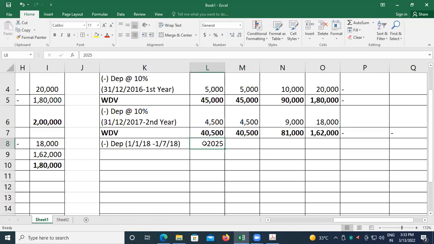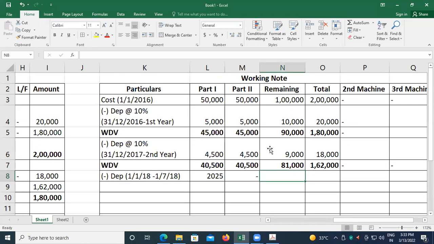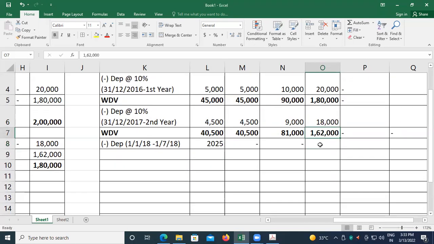So only the first part of the asset. Now, the second part is not there, because the first part of the asset is sold here. The remaining is also not there. So what will happen? Asset value is 1,62,000.